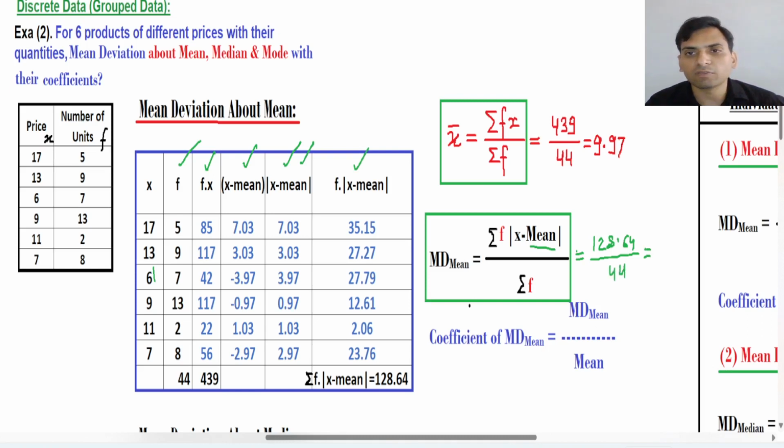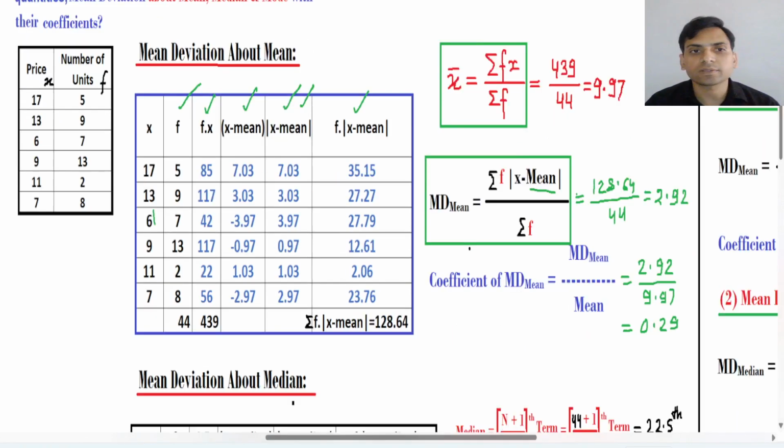So the answer of this mean deviation about mean is 2.92. Now for its coefficient, this 2.92 is divided by mean, which is 9.97. Then your answer for the coefficient of mean deviation about mean is 0.29.